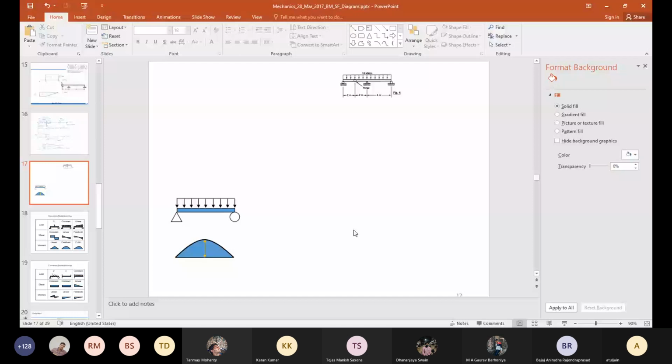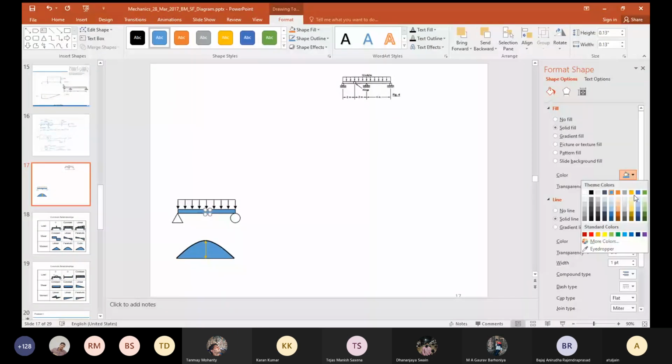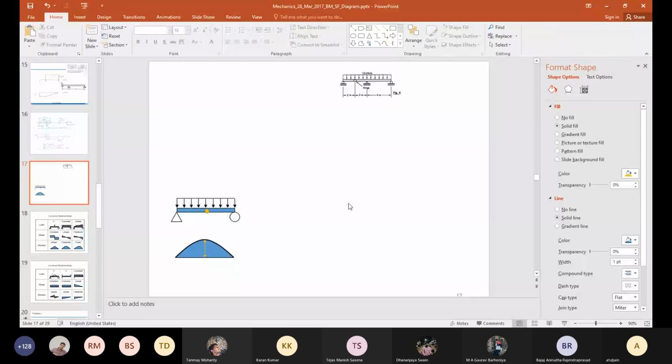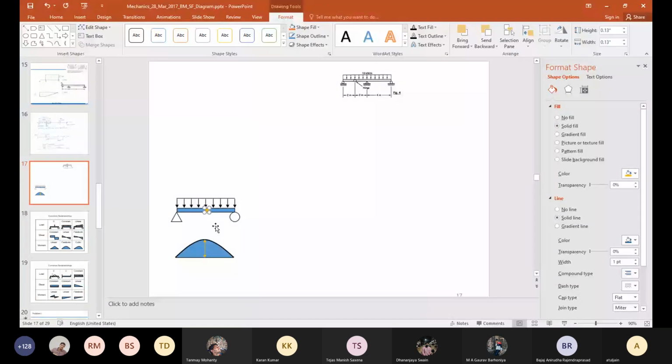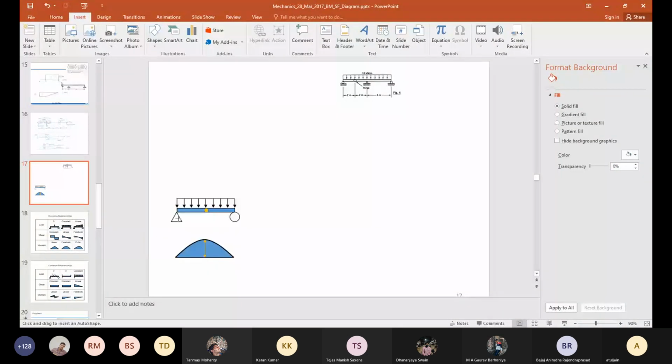Now, imagine that we put a hinge somewhere at the center. Due to the hinge at the center, the bending moment actually has to be zero because it's a hinge. So what will my bending moment diagram look like?